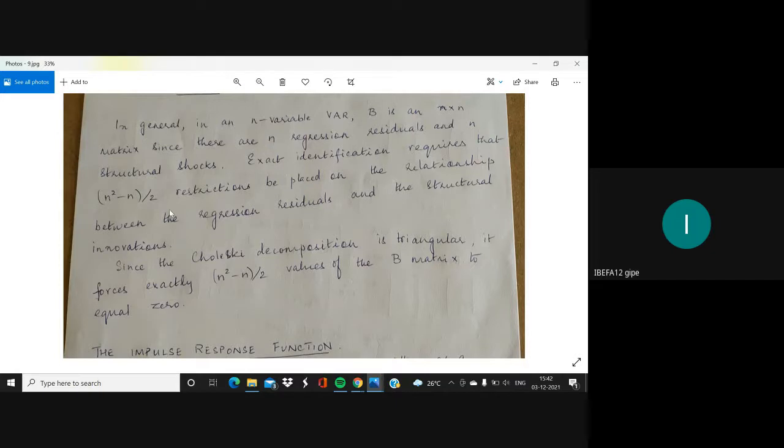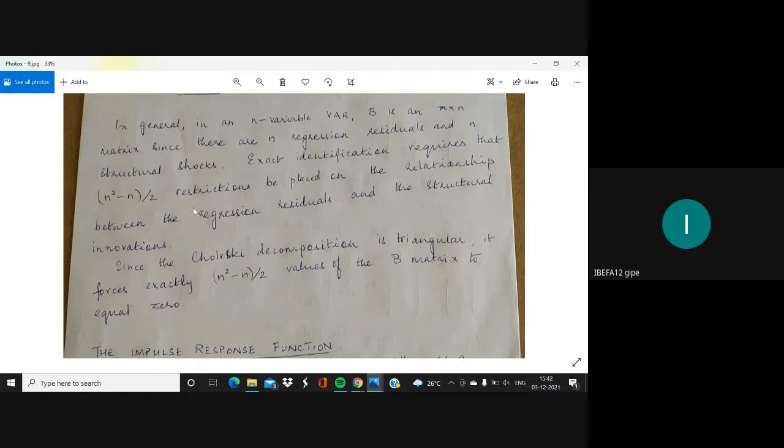In our case, since it was a bivariate VAR model, there are two regression residuals and two structural shocks, so your n here is 2. So when you're finding out how many restrictions you should be imposing, this will be 4 minus 2, which is 2 by 2, which is 1. So that's why we have placed one restriction.